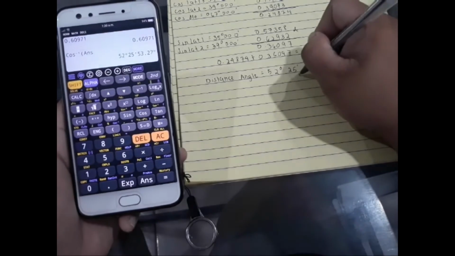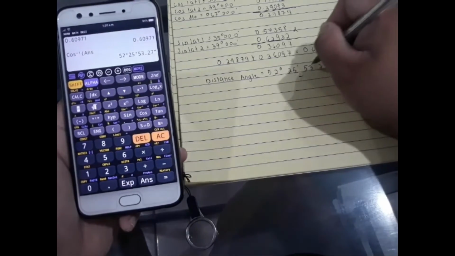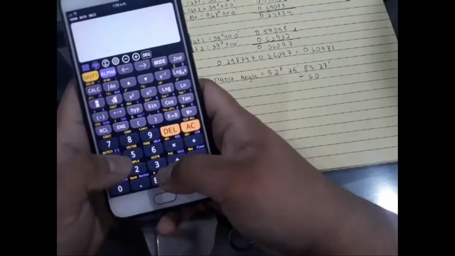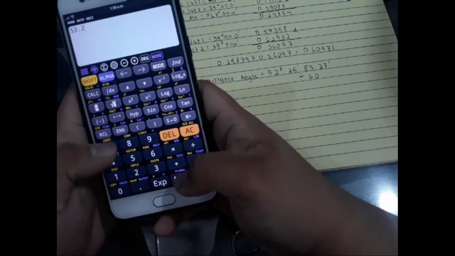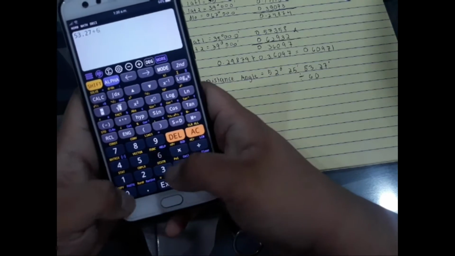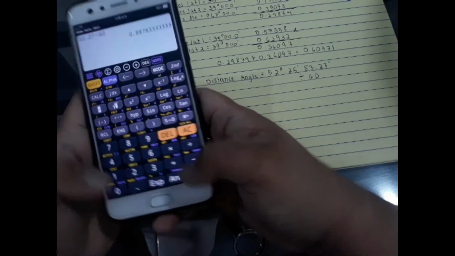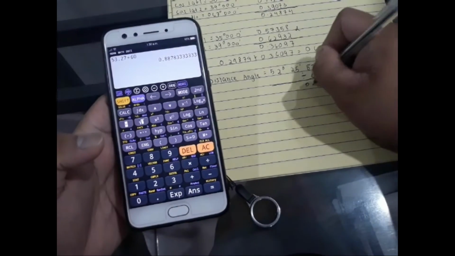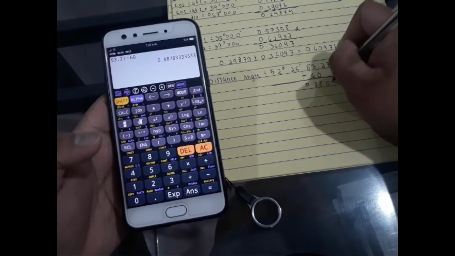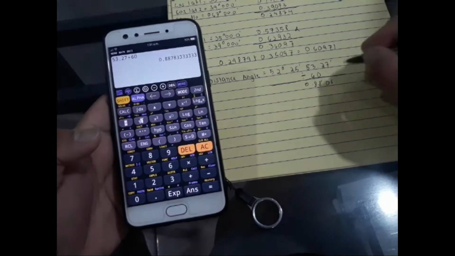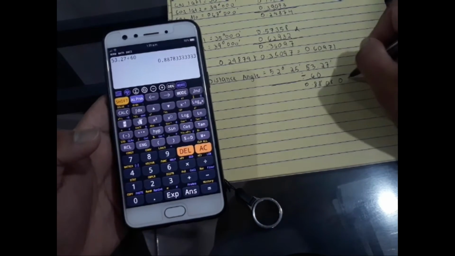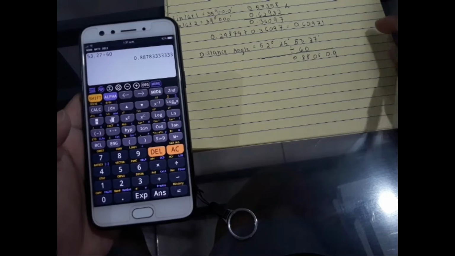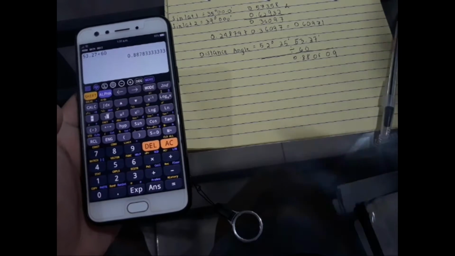So we're going to divide it by 60. 53.27 divided by 60 is equal to 0.88, or if we round off, the answer is 0.9.